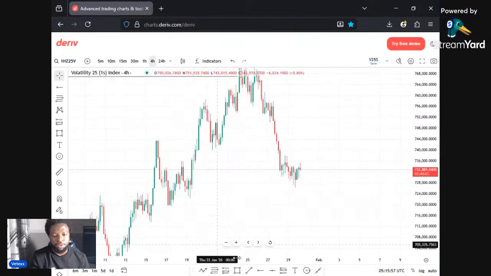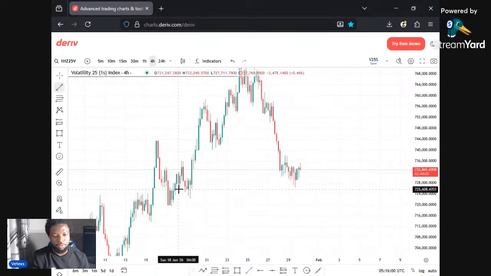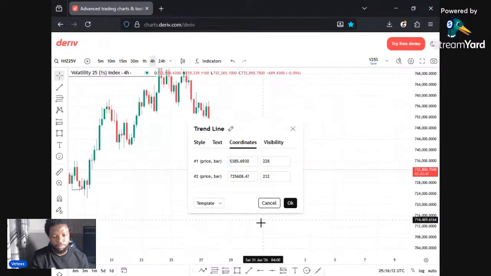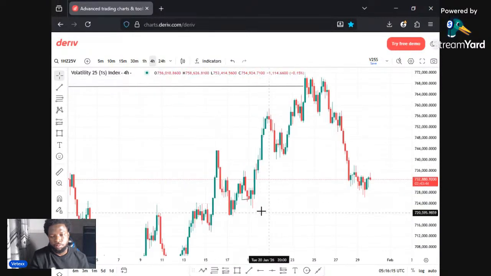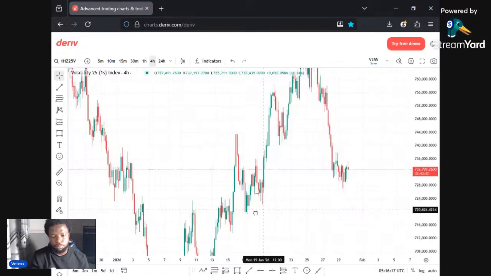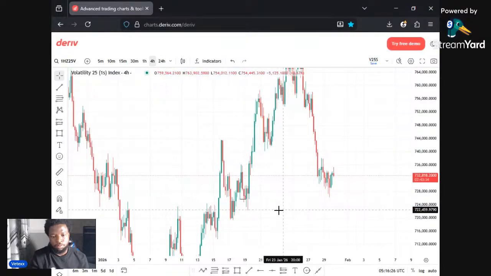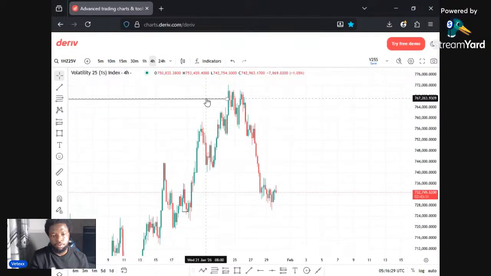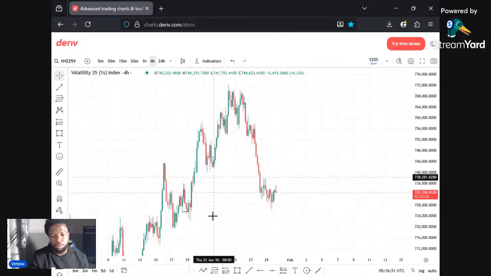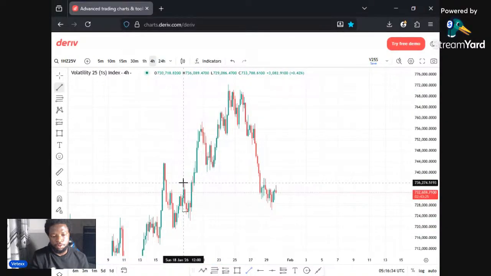Now you can see that first of all we have our shape of liquidity here. Secondly, we have our first break of structure, which is this.